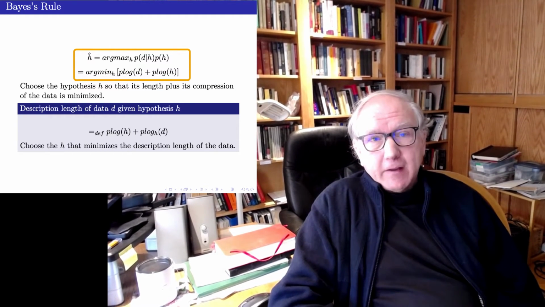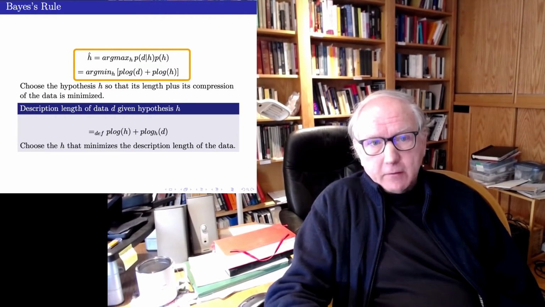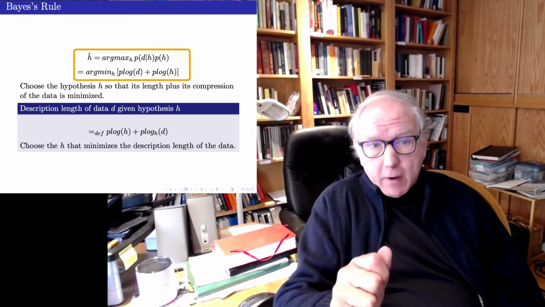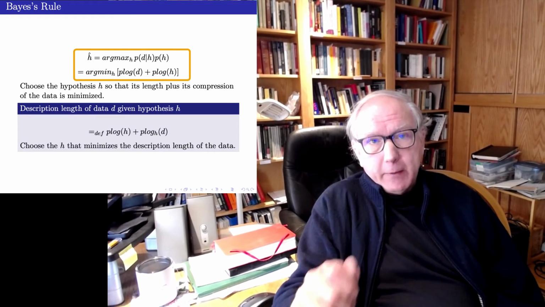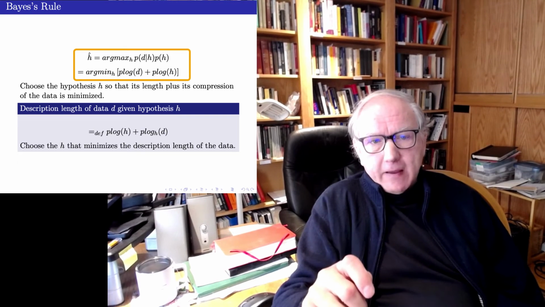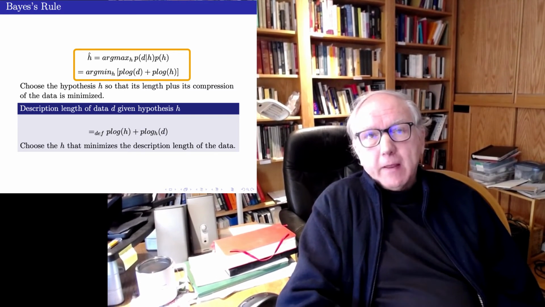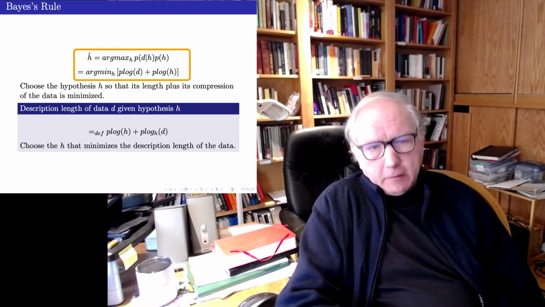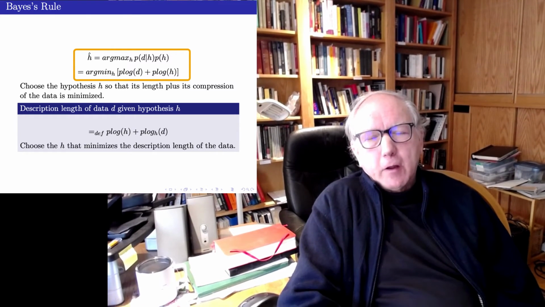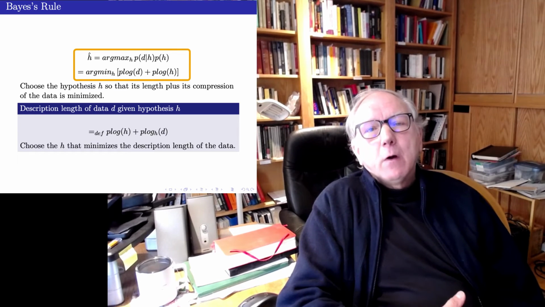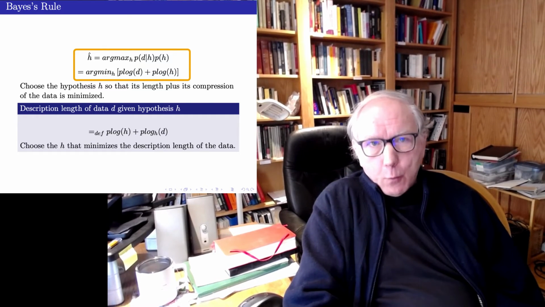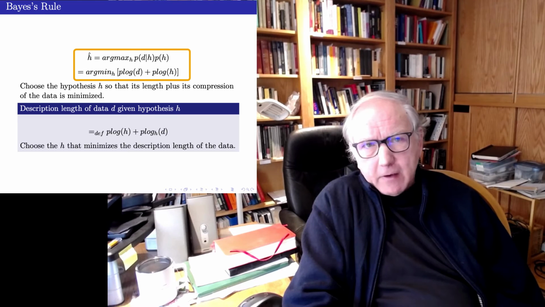Now I'm going to take the log of that product. So the product is the P of D given H times P of H. I take the log of that. So the log of the product is equal to the sum of the logs. So we have the log of P of D given H plus the log of P of H. And now I multiply that by minus 1 because both of those were negative numbers.